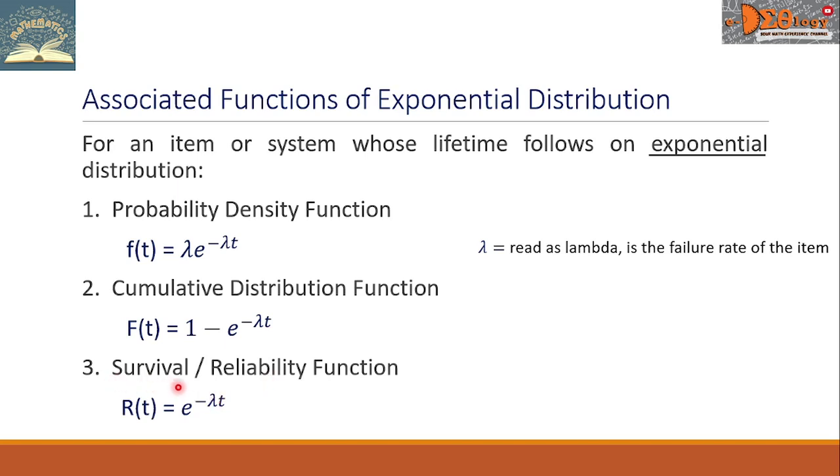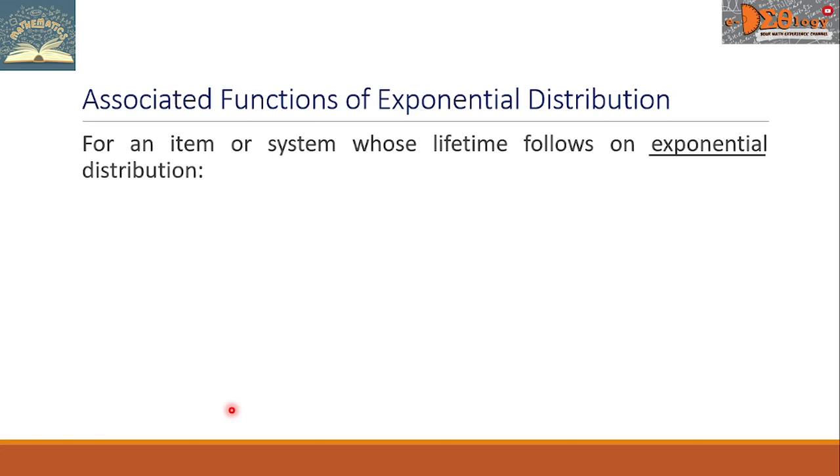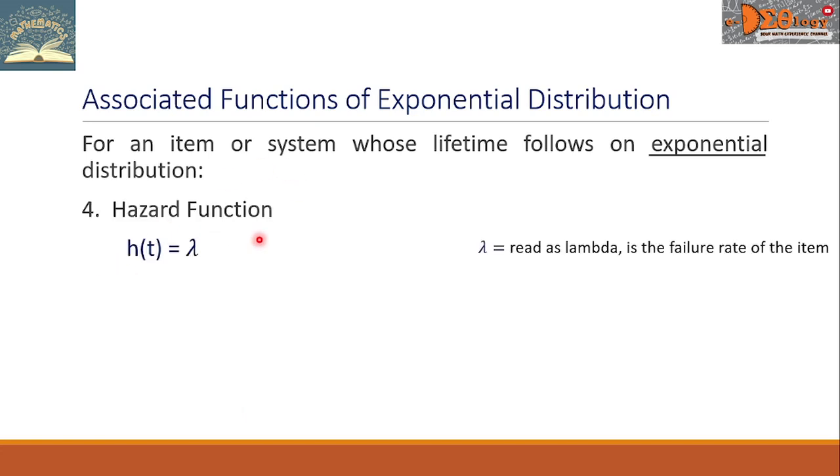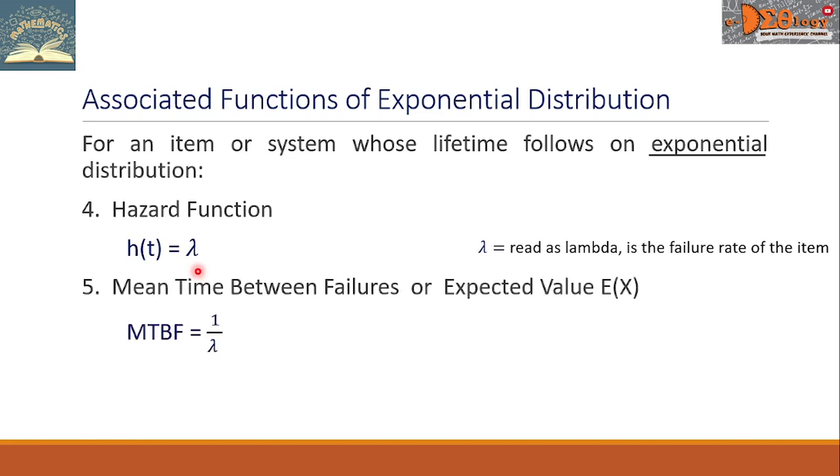Number 3 is the survival or reliability function, denoted by capital R of t equals e raised to negative lambda times t. Number 4 is the hazard function, denoted by small h of t, and this is equal to lambda. Number 5 is the mean time between failures, or expected value, denoted by capital E of x.